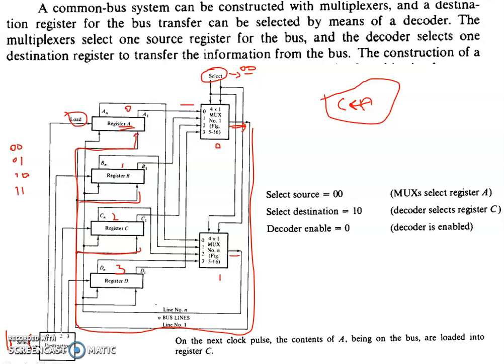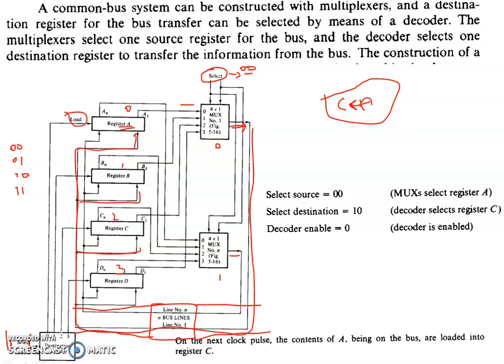So these 2 lines form the bus in this diagram, and the number of lines inside this bus will be based on the number of bits used inside the register.